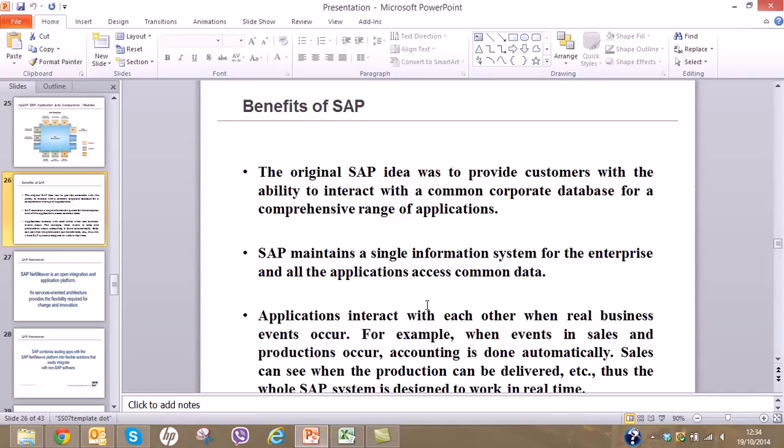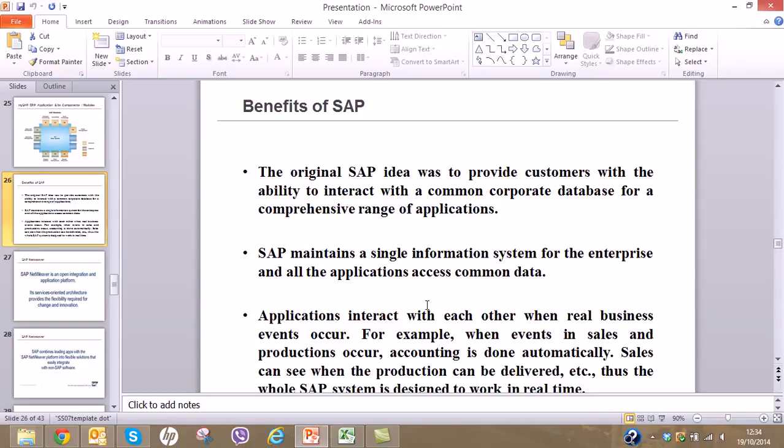So when this concept of ERP evolved, it gave customers the benefit of using one corporate database. Database means where the data is stored. I am using SAP, he is using SAP, and here is the database. All the data is stored on the server. So I can see his data, and he can see my data.